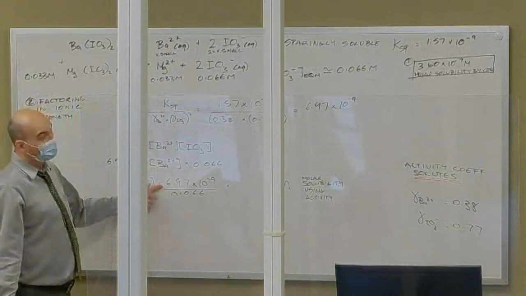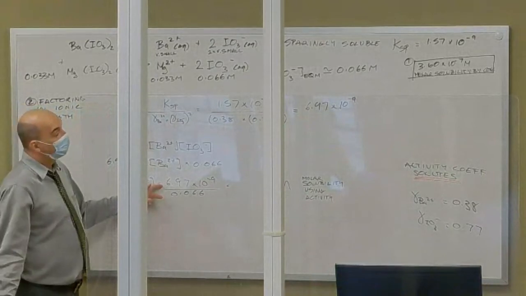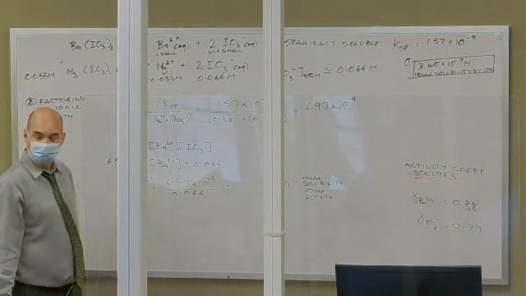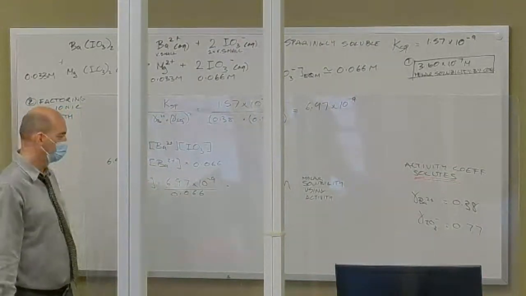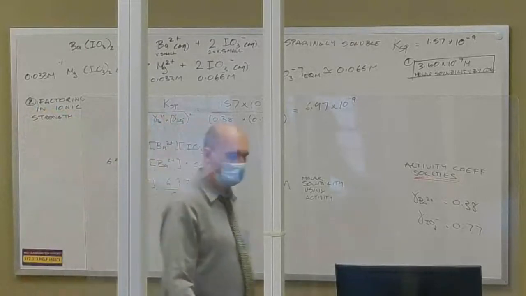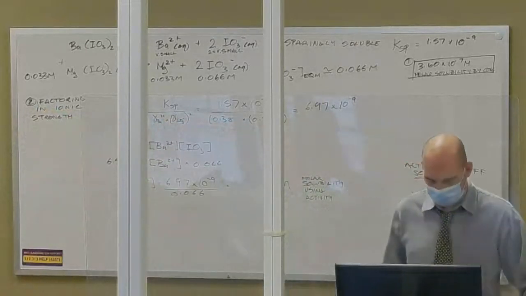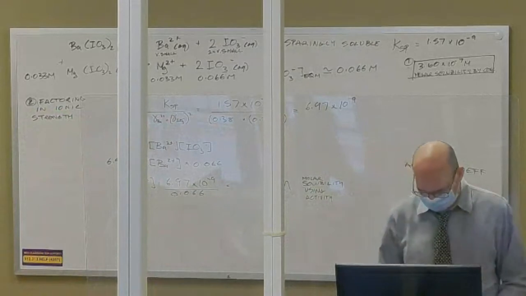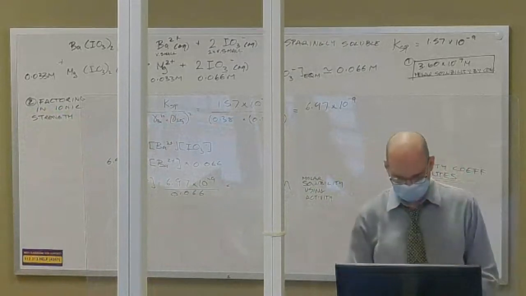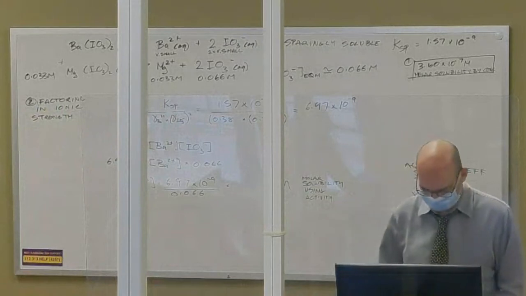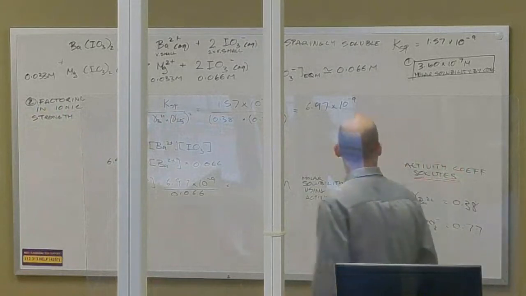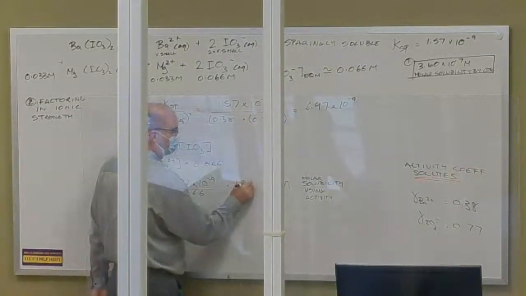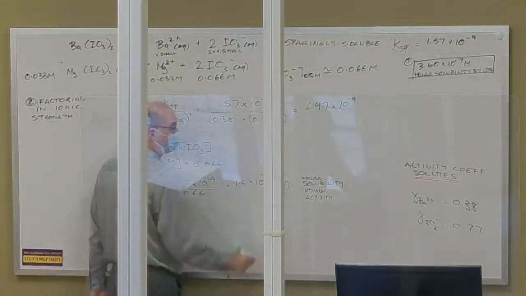This number is 7, is 4 times bigger than 1.6. I want that to be 1.6 times 10 to the negative 6.